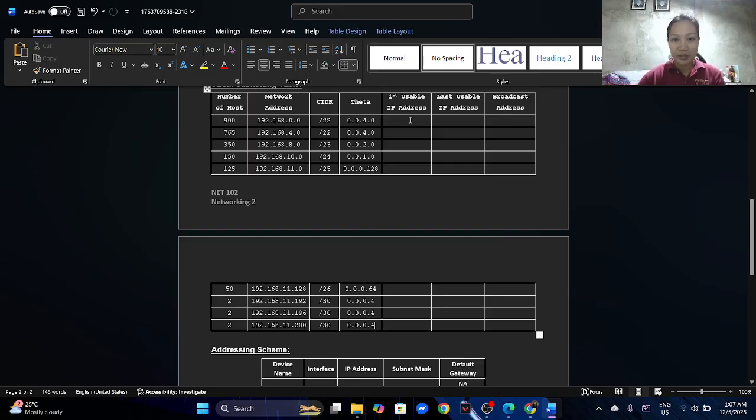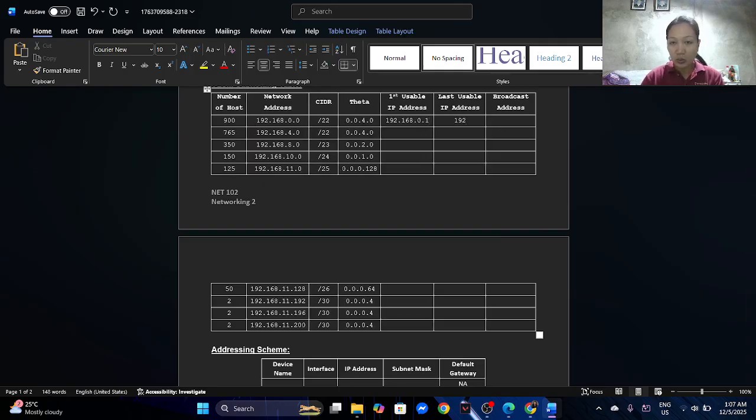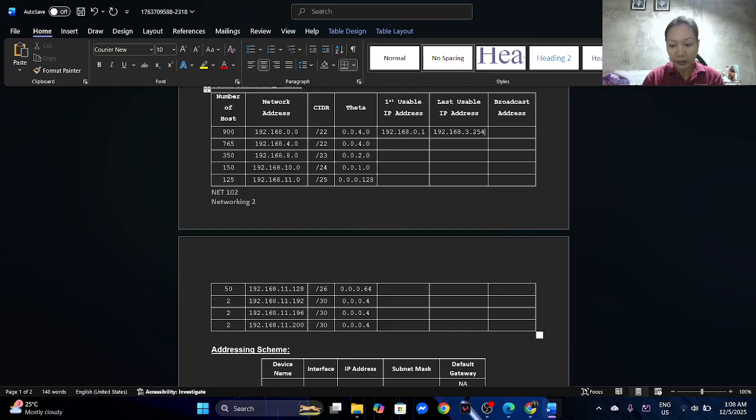For host 900, the first usable address would be 192.168.0.1, and the last usable is 192.168.3.254. Broadcast address is 192.168.3.255.